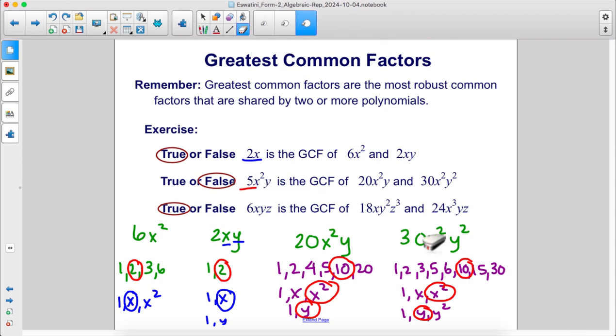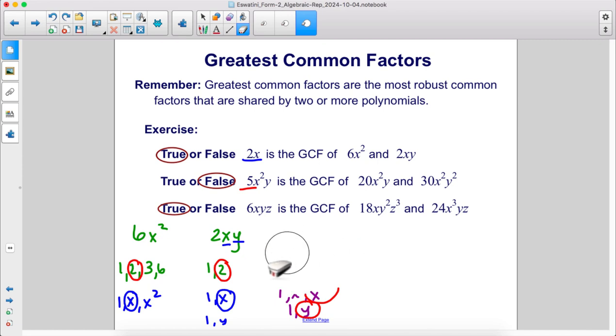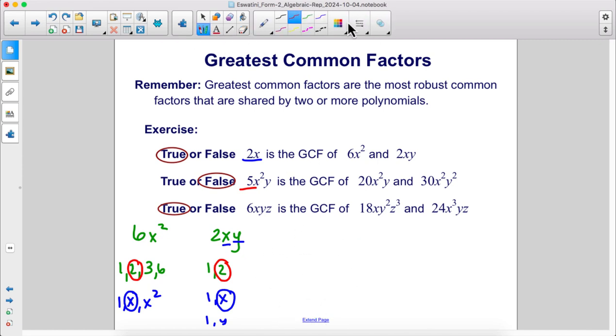Finally, I'm going to erase these. And we have 18xy squared z cubed and 24x cubed yz.